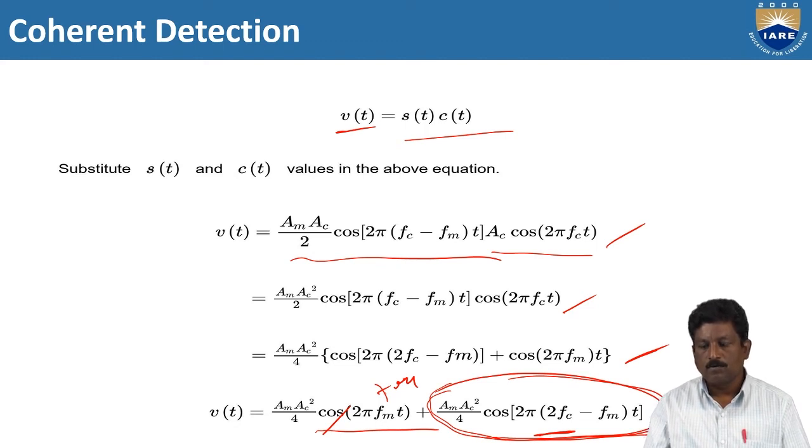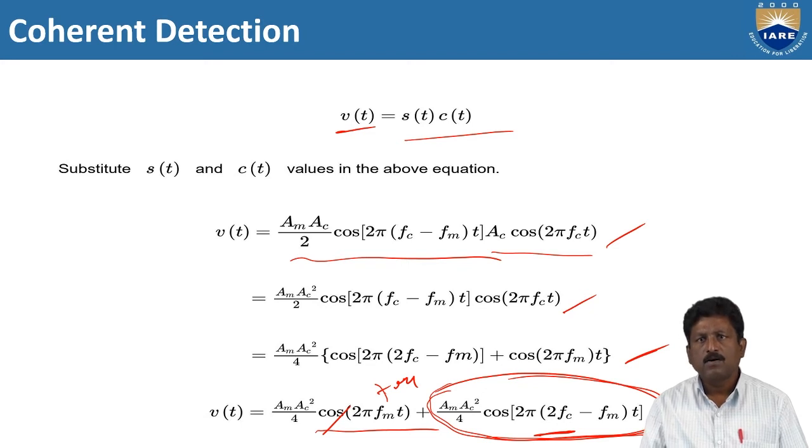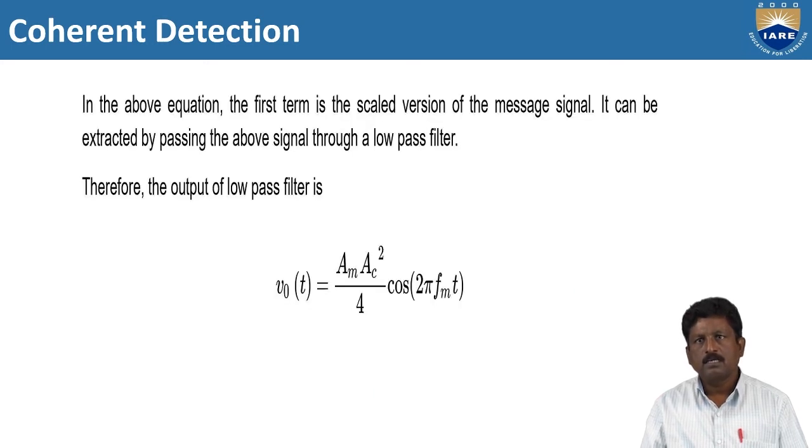So it is allowed. That indicates the generation of our original modulating signal by the coherent detector. Similarly, v0 = Am Ac²/4 cos 2πfmt is the original modulating signal after demodulation.